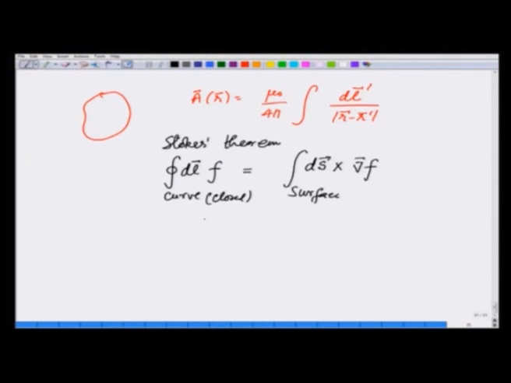So, over a closed curve, if I take d l f, it is equal to ds cross gradient of f.